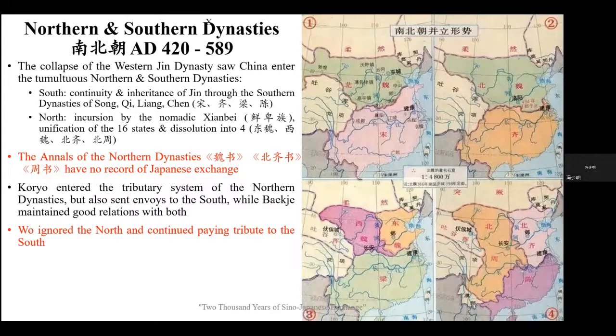But in Japan, the attitude was very different. The Wa people ignored completely the tribal peoples of northern China and only sought to have diplomatic relations with the Song dynasty, the Qi dynasty, the Liang dynasty, as well as the Chen dynasty, only in the south, which means that the Japanese people did not acknowledge the tribal peoples, whom they considered barbarians.